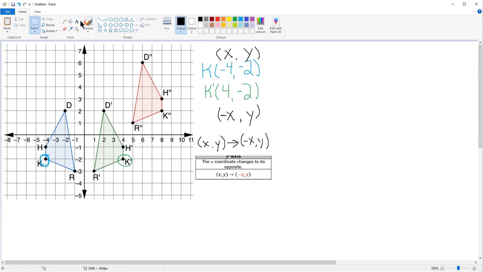Now let's talk about the second one. Oddly enough, reflections and rotations are kind of hard to understand initially, and translations are kind of easy to understand, but translations are the hardest to nail down when it comes to coming up with an algebraic description.